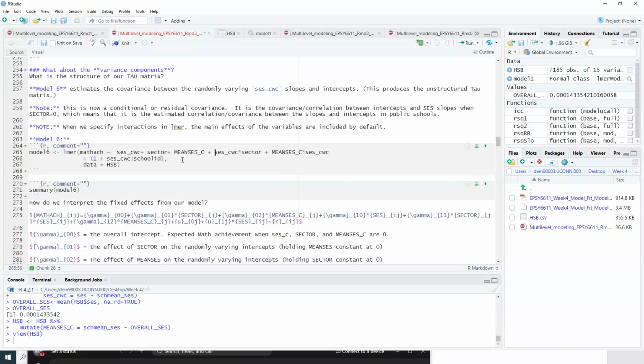Here you don't need the 1, because you do need it if you don't have a randomly varying slope, but as soon as you have a randomly varying slope, you could actually get rid of this too. So there are a lot of different ways that you can write the same code. Anyway, this is going to give us the same results that we would have gotten. You might find it helpful at this point in your multilevel career to write things out the long way, just so you see it all, but you don't have to. I'm going to put the 1 back in there. Okay. So now let's run model 6.